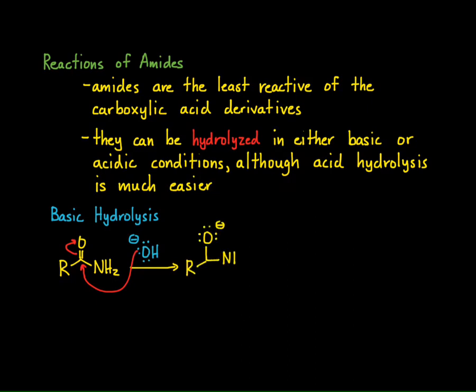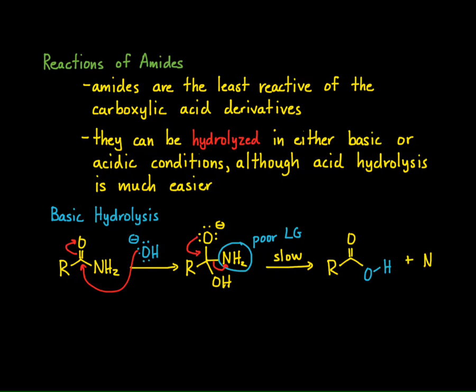So again, we're generating the tetrahedral intermediate minus, the TI minus. But in this scenario, the NH2, like I said, is a poor leaving group. And so it takes a long time for the reformation of the carbonyl and the loss of that NH2. So that process is very slow and it generates a carboxylic acid. But notice, carboxylic acid plus the amide anion.